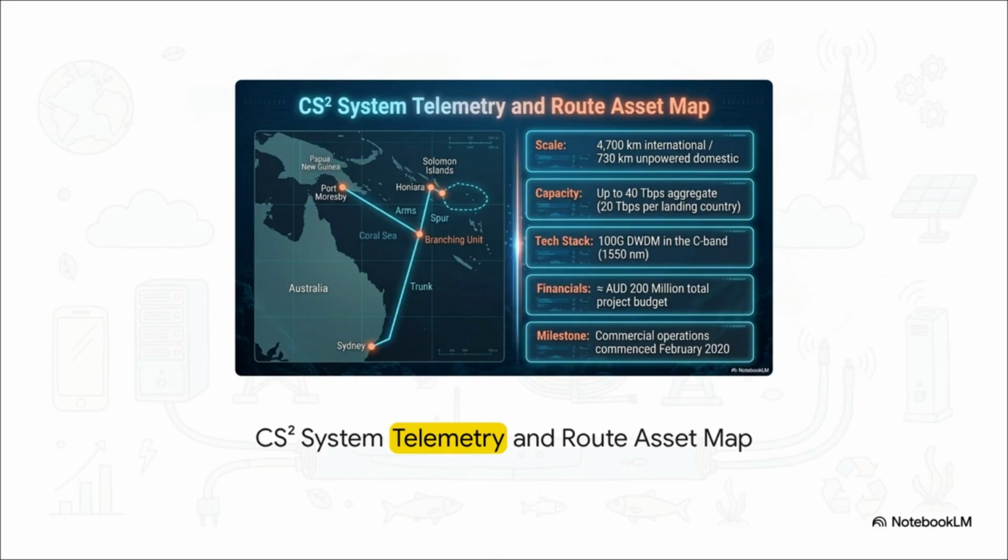The system boasts a massive aggregate capacity of up to 40 terabits per second. It achieves this by leveraging 100G dense wavelength division multiplexing, or DWDM, operating right in the C-band. And remarkably, this entire technological stack was delivered with an approximate total budget of 200 million Australian dollars, with commercial operations kicking off in February 2020.